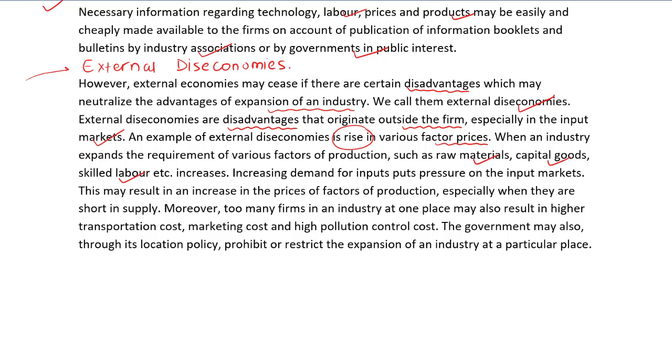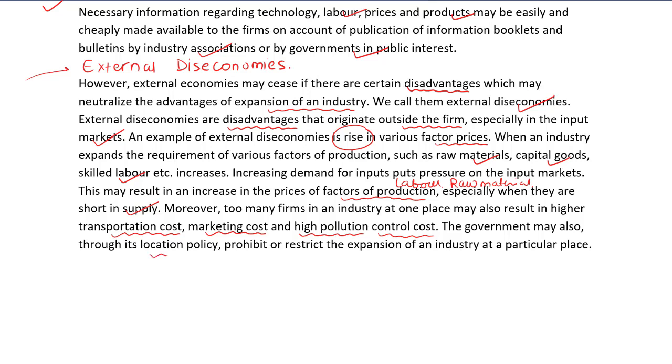This may result in increase in the prices of factors of production like laborers, raw material, land, especially when they are short in supply. Moreover, too many firms in the industry at one place may also result in higher transportation cost, higher marketing cost, and higher pollution control cost in that particular location.